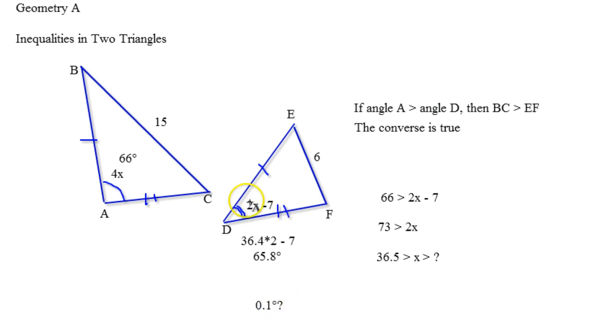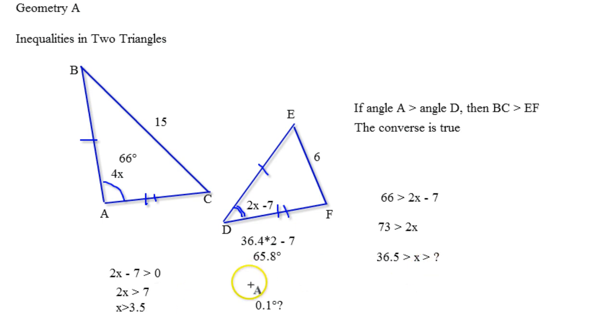So what we're going to do is set this greater than 0. So 2x minus 7 is greater than 0. We know it has to be greater than 0. So we solve for this, and so 2x is greater than 7, and so x has to be greater than 3.5.